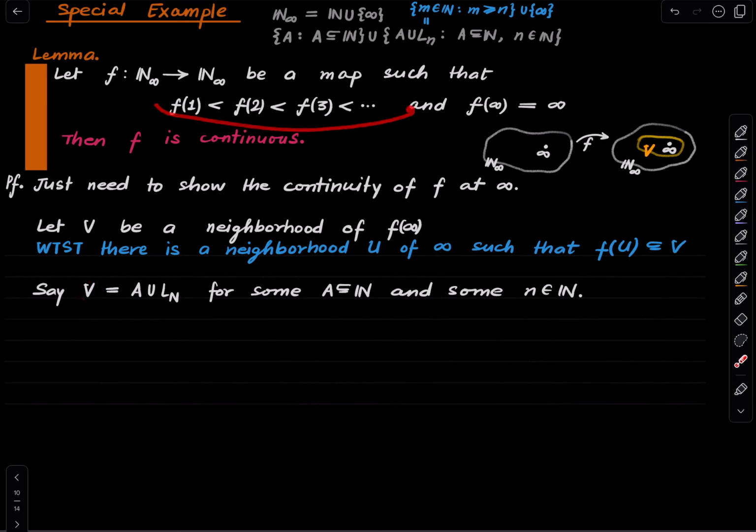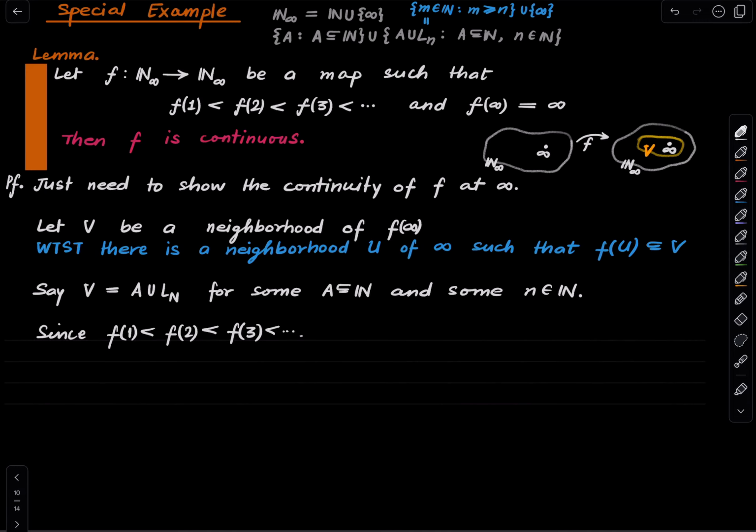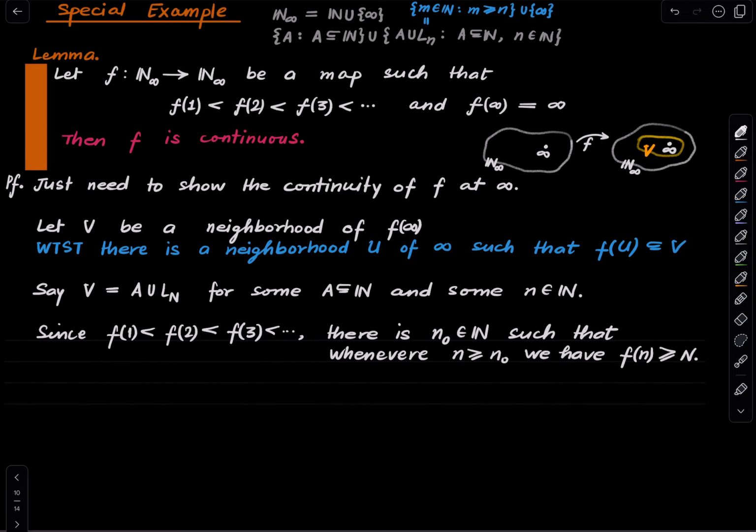And now by the fact that f is a strictly increasing function on the naturals, since we are given this, there is some n naught such that whenever you have a natural number n at least n naught, we have f of n is at least n. Okay, just immediately from our hypothesis.